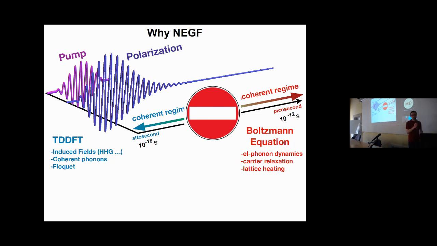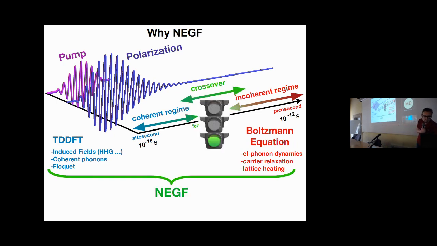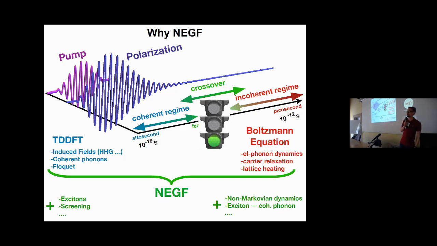It is exactly here that non-equilibrium Green's functions enter the game, because I will show you that NEGF is capable of describing all the regimes that occur in the temporal evolution. It captures all the effects captured by TD-DFT and the Boltzmann equation, and on top of this, it also captures new physics, new effects that are not as accessible to the other methods, like for instance the creation of excitons in real time, but also the dynamical screening of the Coulomb interaction, which is a very important process.